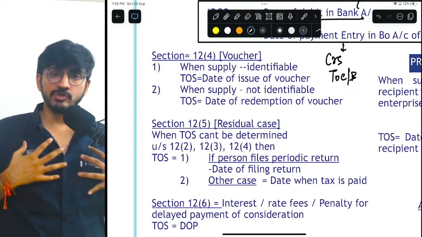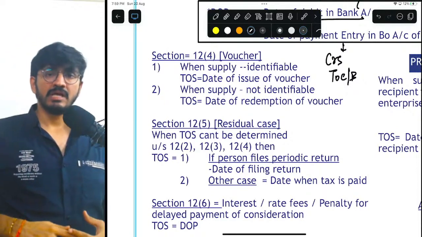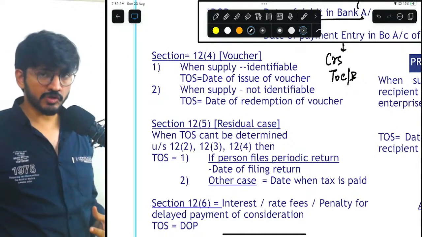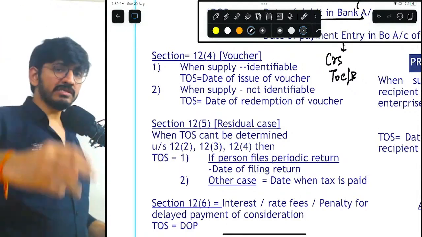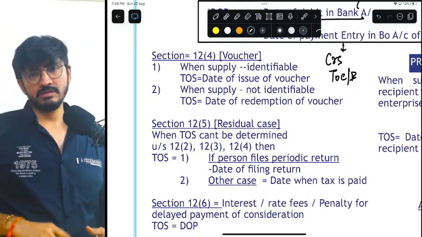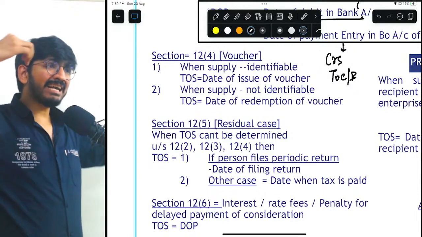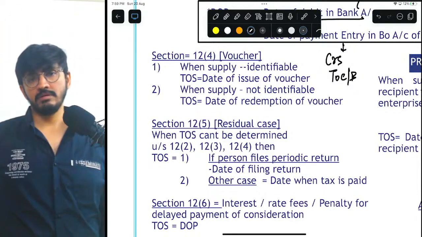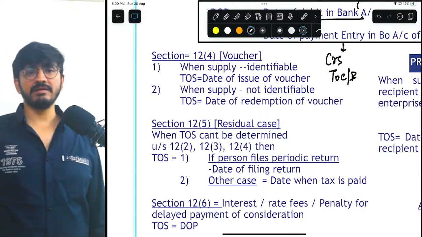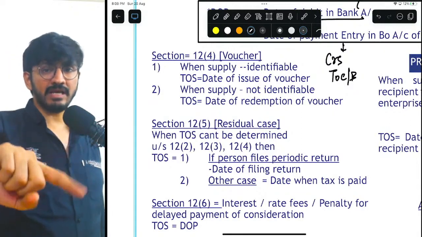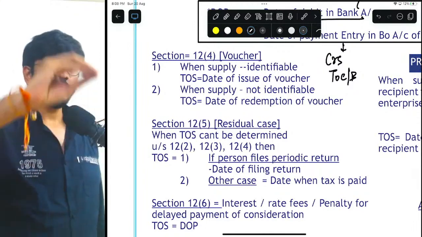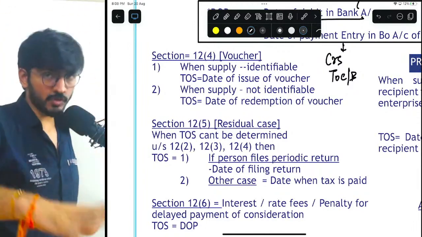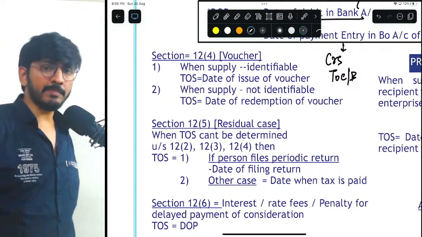So, for example, if I have a shop that has multiple products, something like Shoppers Stop or Lifestyle, and you have purchased a 10,000 rupee voucher. Now, only at the date of redemption will I know what you have redeemed. So I have to wait till that day, and only then will I get the clarity. Now that you've purchased 10,000 worth of garments, I know that the garments are subject to 12%.